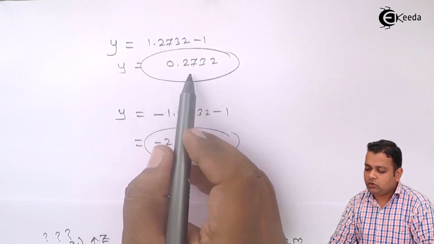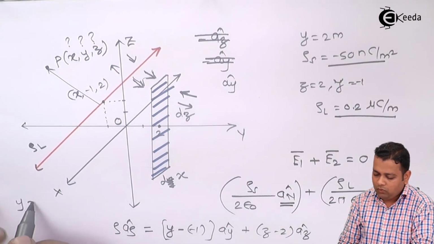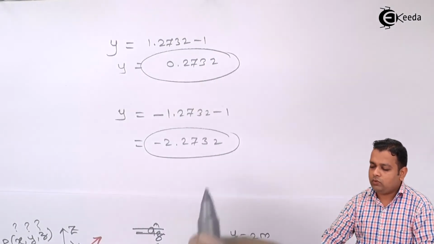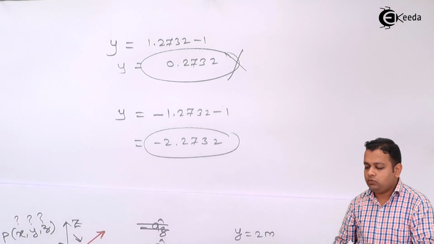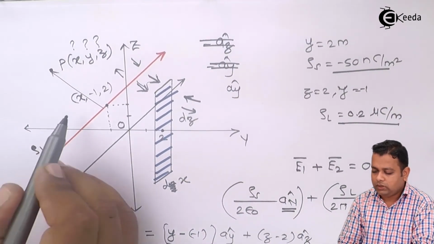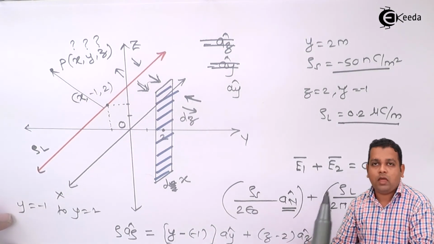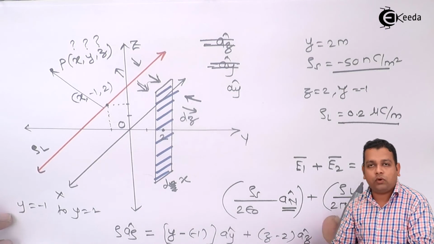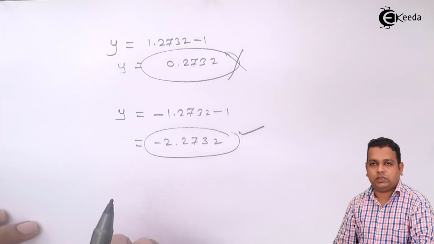So this value 0.2732 lies in the y equal to minus 1 to y equal to 2 region, so we cannot consider it. Y equal to minus 2.27 is in the region where both the fields E1 bar and E2 bar have reverse direction. That is why they can cancel out and be equal to 0. Hence, the y value is this.